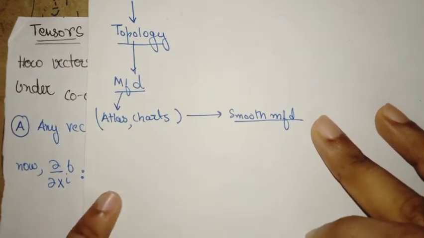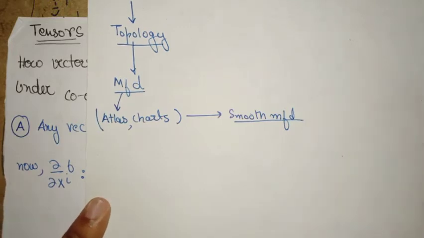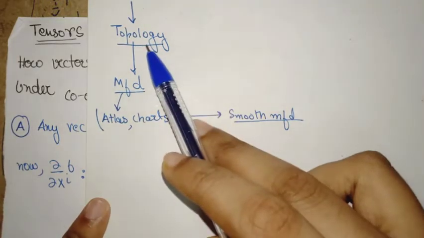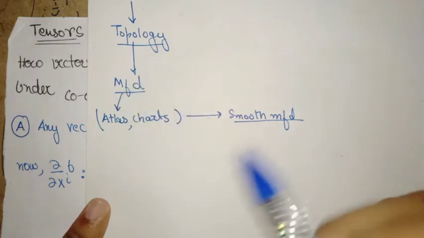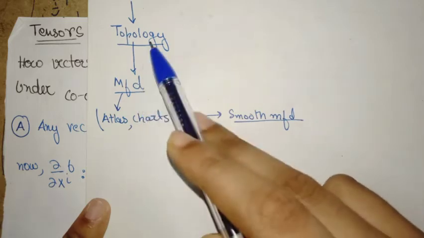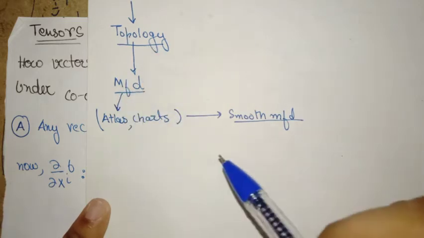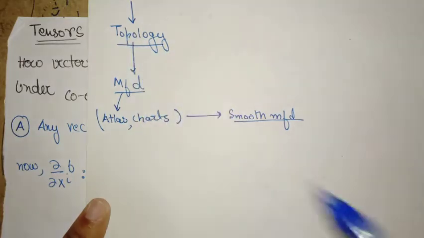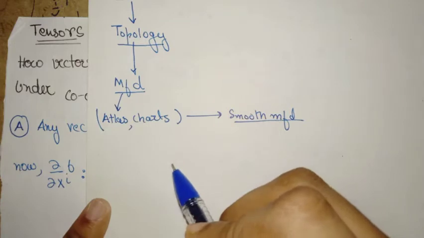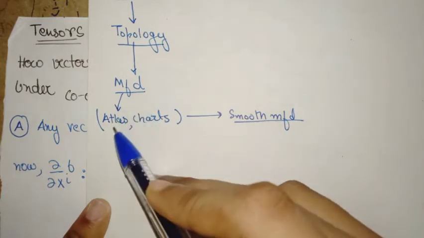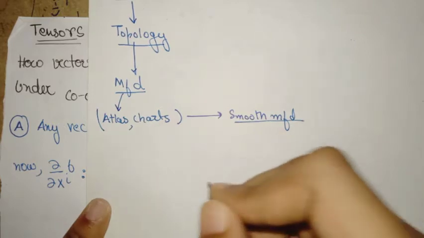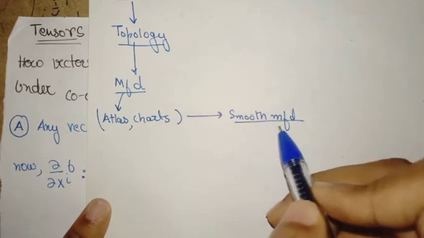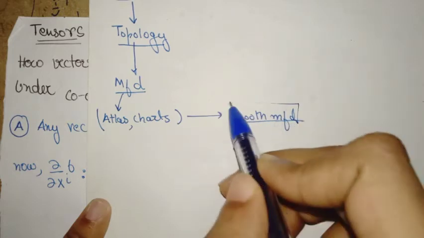And then further, if you want to add more structure of differentiability and smoothness, or talk about smooth functions, we define something called a manifold, which over this topology we add more structure, local homeomorphisms to R^D. And then from manifolds we define charts and atlases, which are just the coordinate maps. And then finally we arrive at something called a smooth manifold.